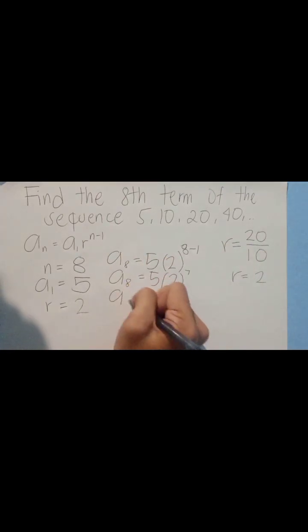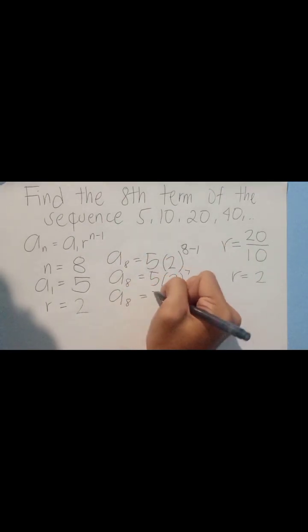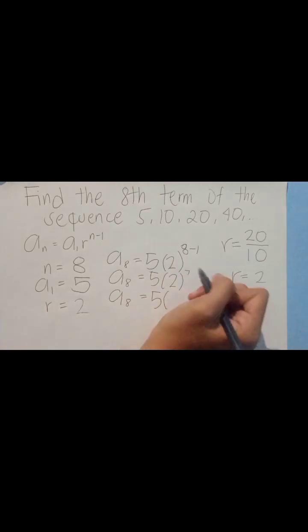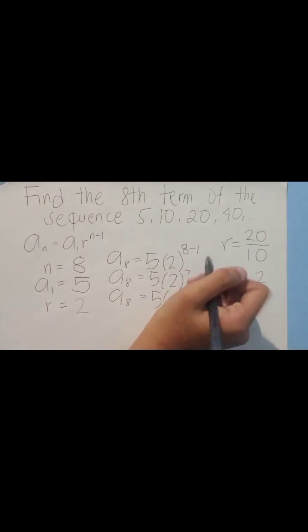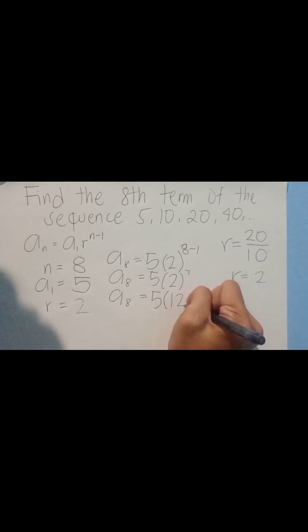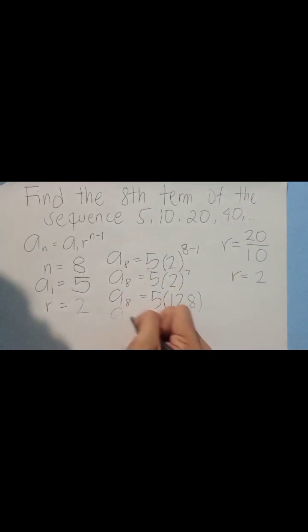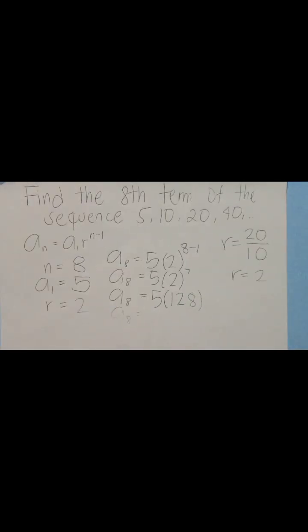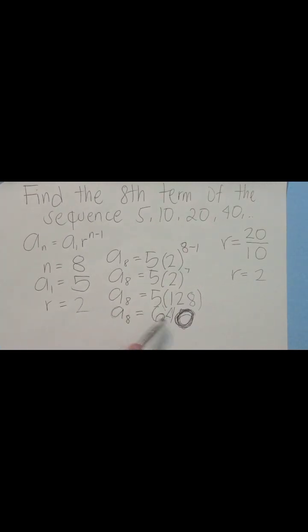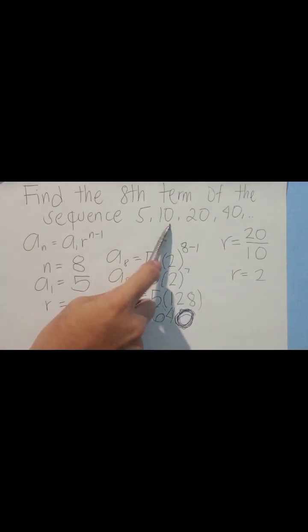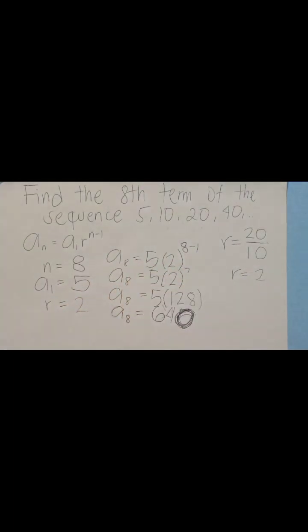Now, 5 multiplied by 2 raised to 7 is equal to 128. And a sub 8 is equal to 5 times 128, which is 640. Therefore, the 8th term of the sequence 5, 10, 20, 40 is equal to 640.